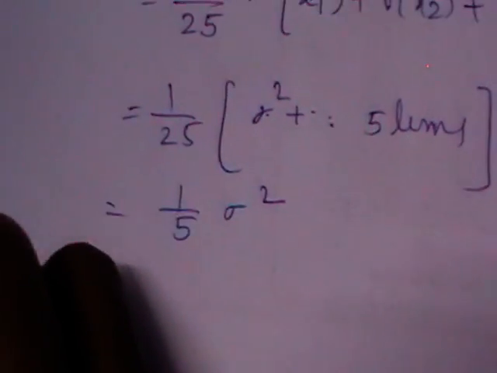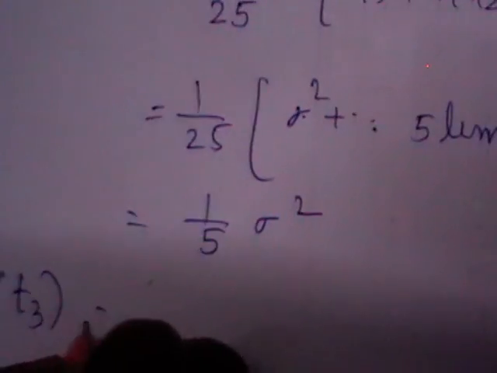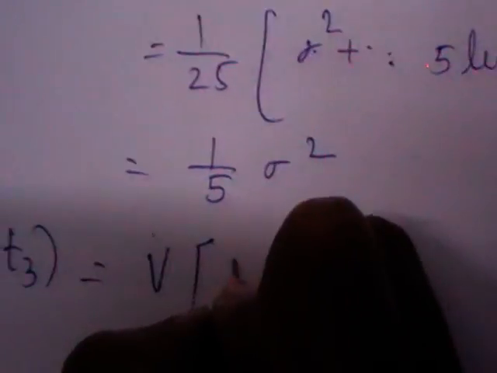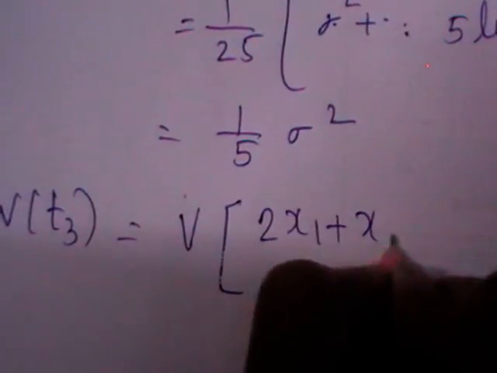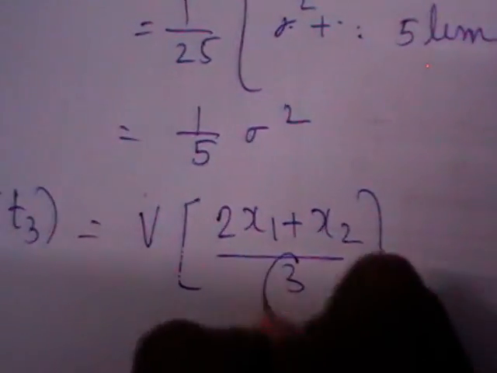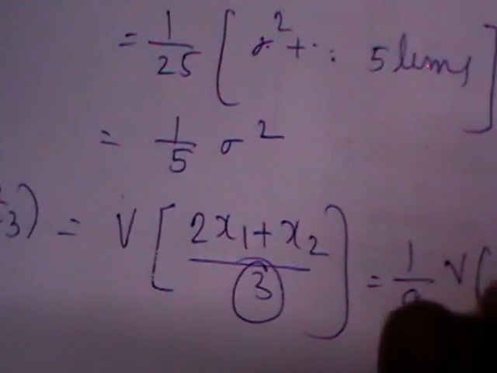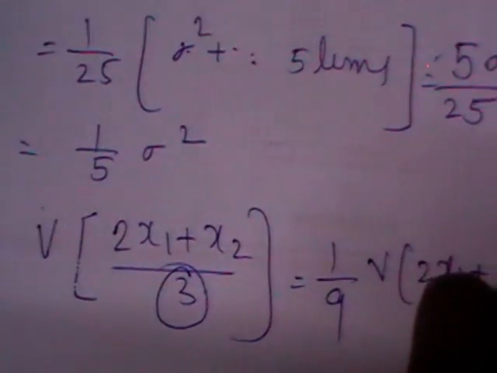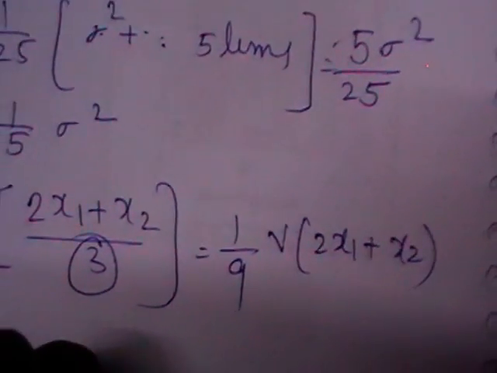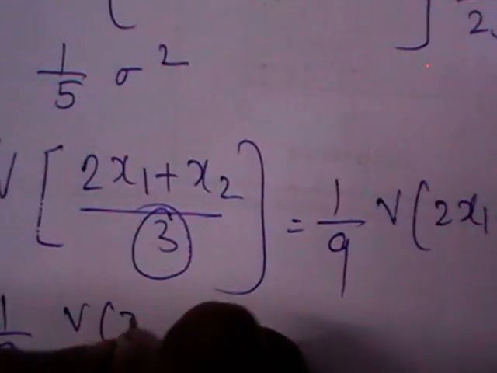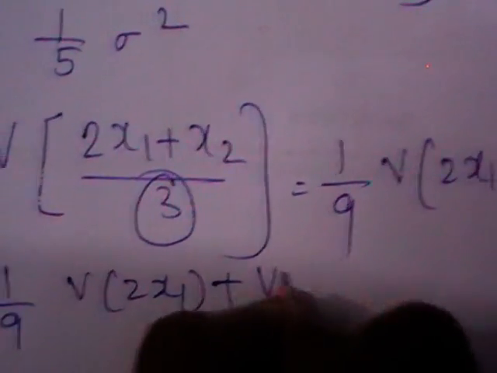Okay. So let us find V of T3 also. What is T3 after finding lambda? T3 is (2x1 plus x2) by 3. As this is a constant, whenever it is taken out of the variance, it is squared. So 1 by 9, variance of 2x1 plus x2. Again, 1 by 9, variance of 2x1 plus variance of x2.